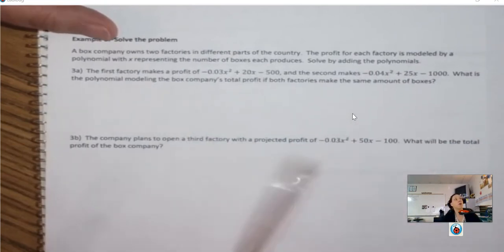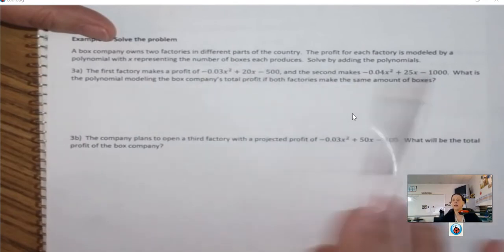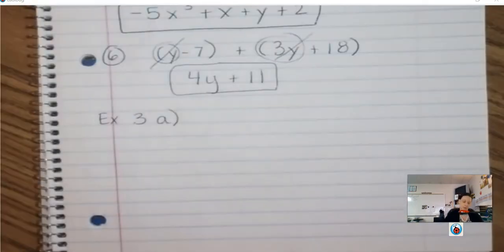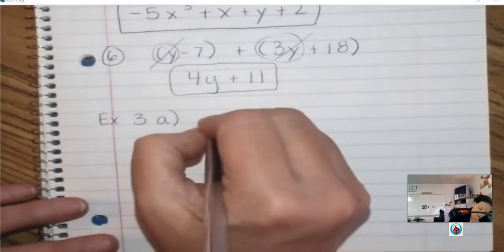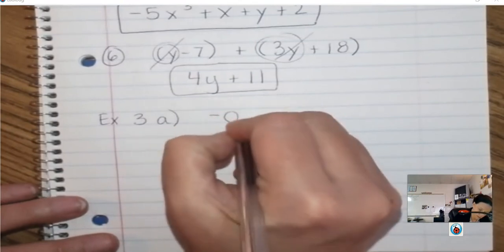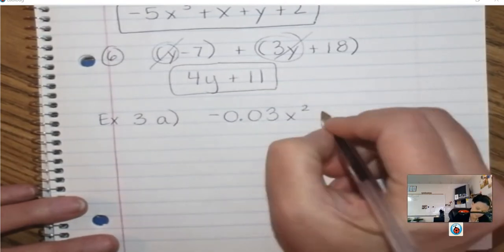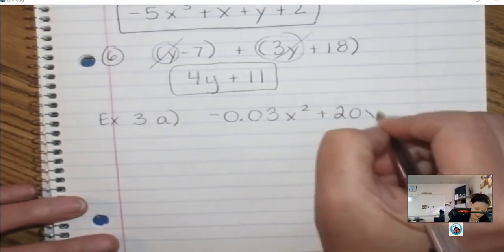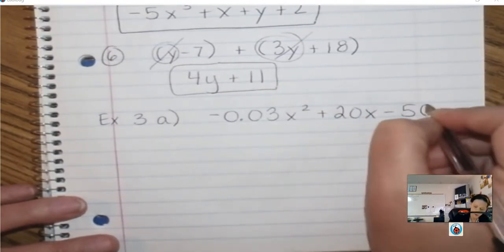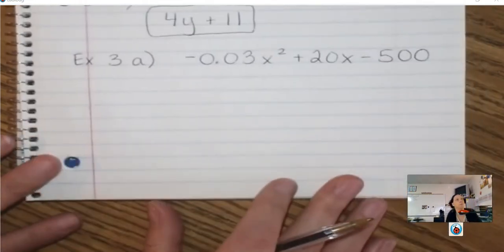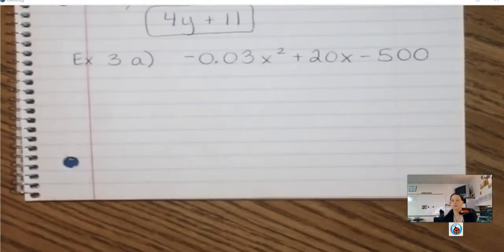What is their total profit? So it's just asking you to add them up. So the profit from the first company is negative 0.03x squared plus 20x minus 500. So they're going to give you this in the word problem. You don't need to come up with this yourself.